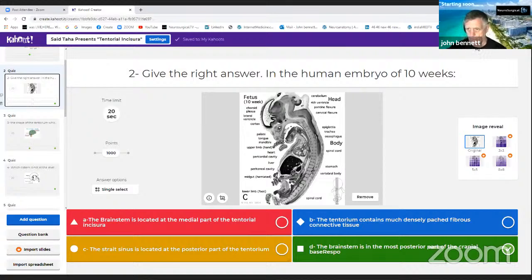The tentorium contains much densely packed fibrous tissue. No. The sinus is located. No, I don't see it. Okay, wait a minute. Perhaps I change it.